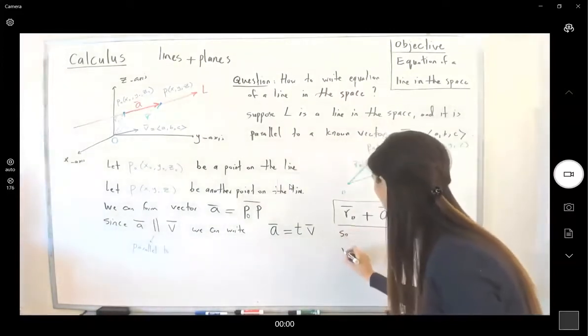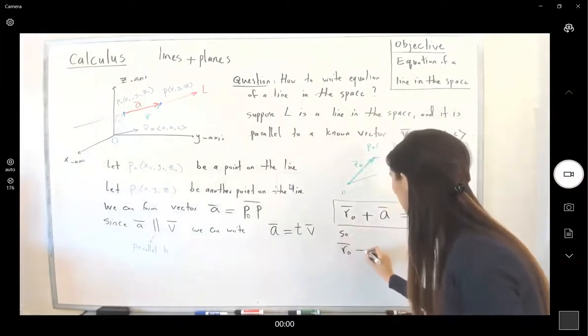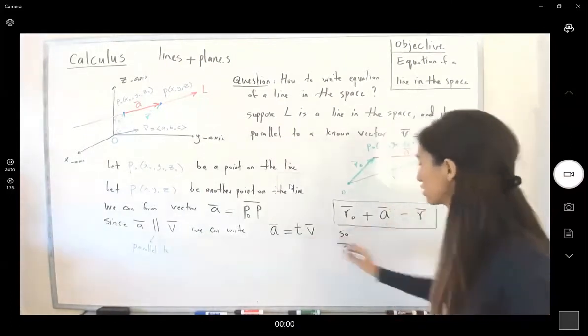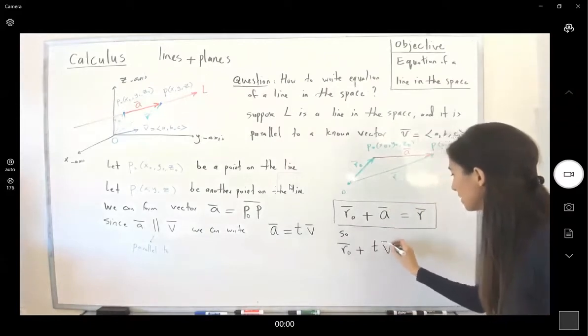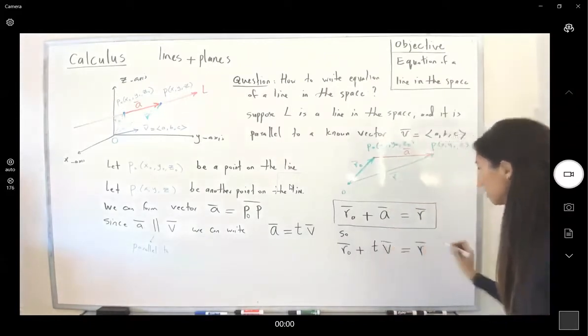So R sub 0 plus A, which is TV, is equal to vector R.